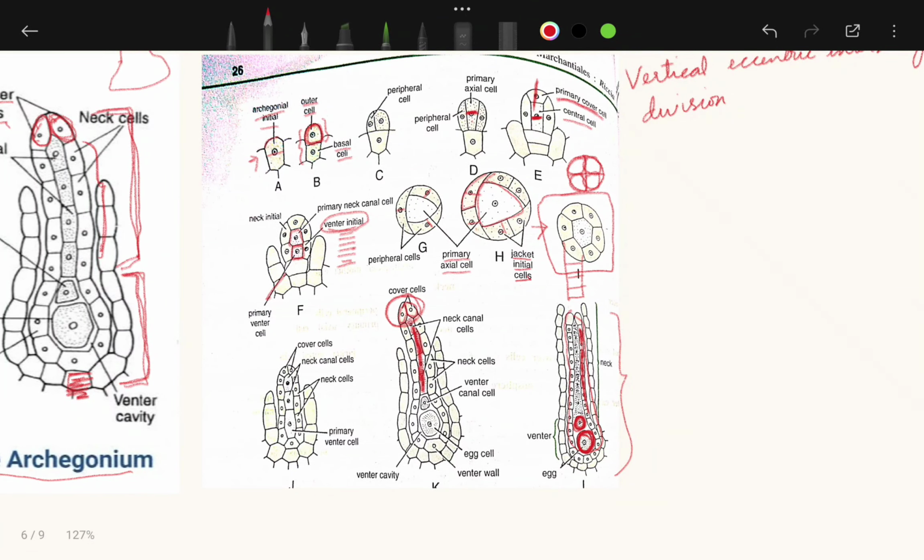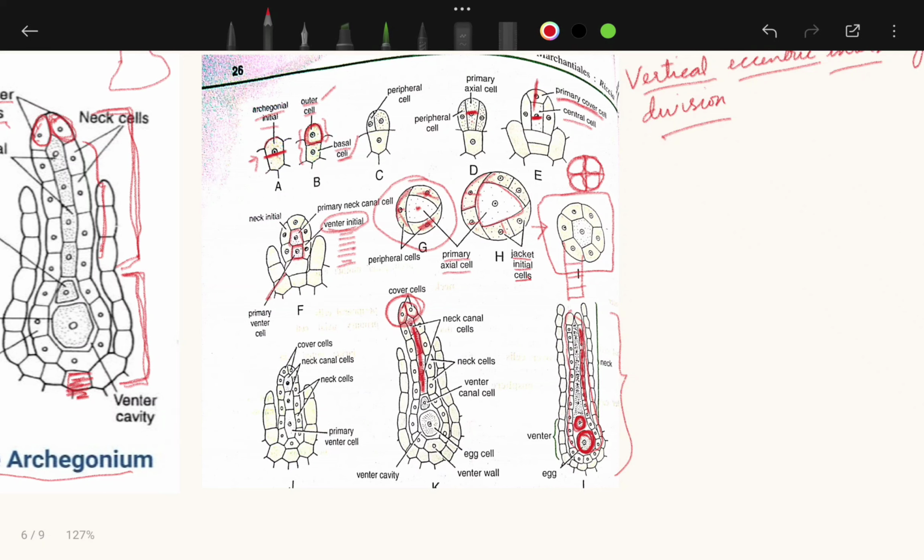Okay, so this is how the archegonium is developed from a single archegonial initial. This archegonial initial will undergo a transverse division and give rise to the outer cell and basal cell. This outer cell will undergo 3 vertical eccentric intersecting divisions, and you will form a structure that will consist of 3 peripheral cells and 1 primary axial cell.